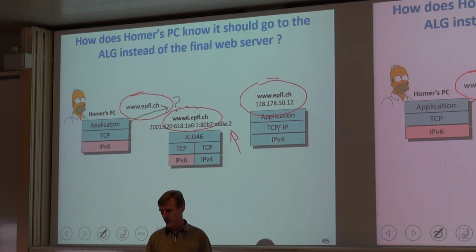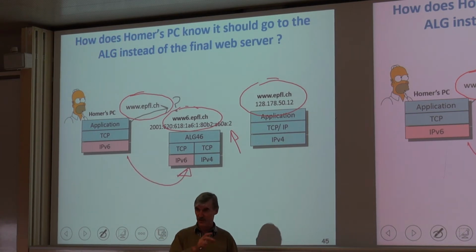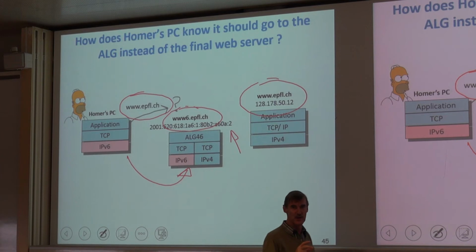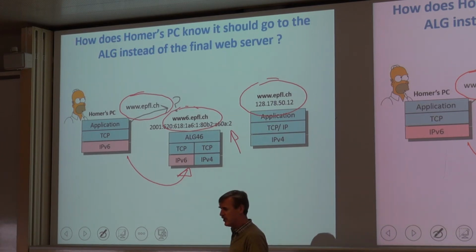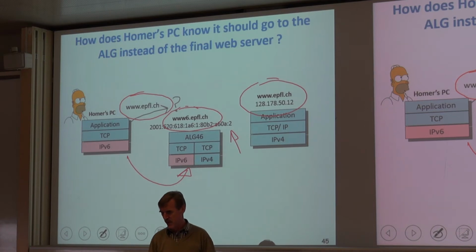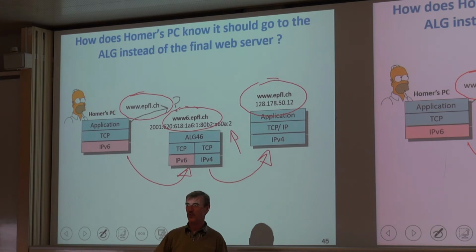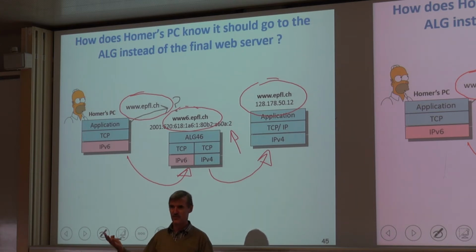So when Homer, in that case, would go to www.epfl.ch, the request will go here, not because Homer's PC is configured with a proxy, which is one way to achieve this, but through some other mechanisms, it will automatically go there. And then this machine, which is a hidden proxy, will simply repeat the request, forward it to the true IPv4 server that will then do the job like we've seen before.